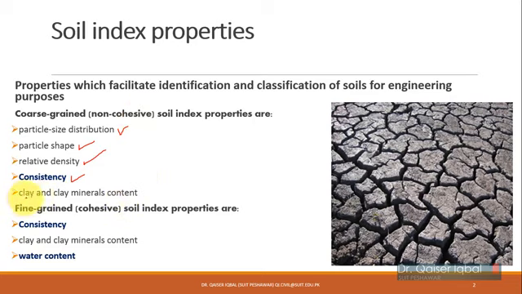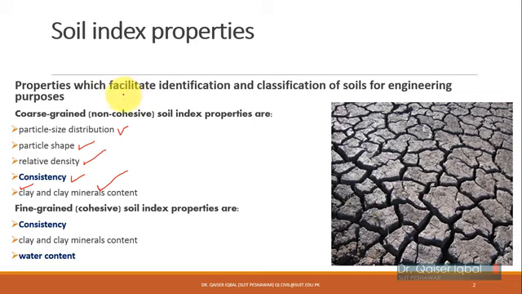If clay is present, then what type of clay mineral is present matters. In the previous lectures, we discussed montmorillonite, illite and kaolinite. These were the various mineral forms of clay. So if clay is present, that will also affect how one soil is different from another soil.